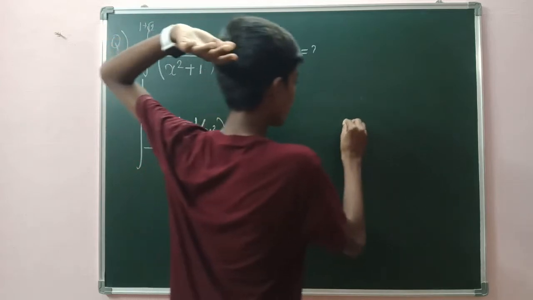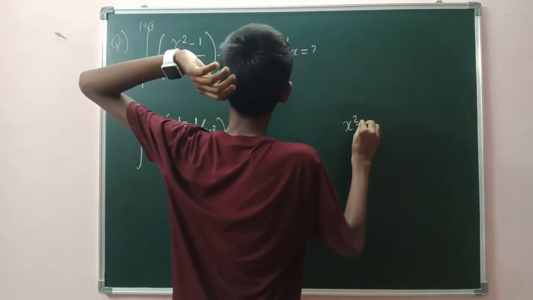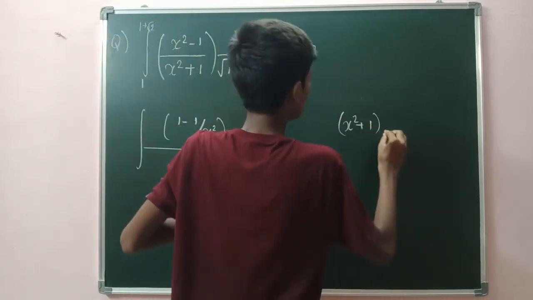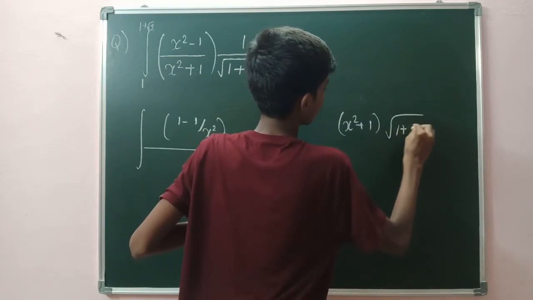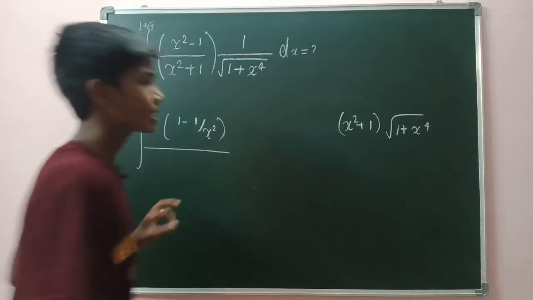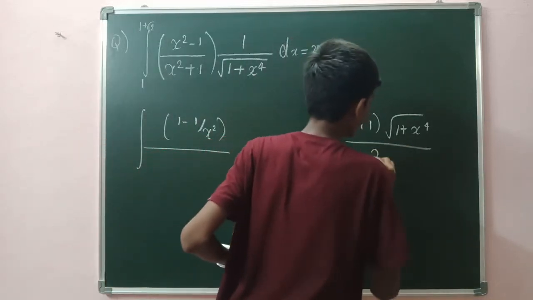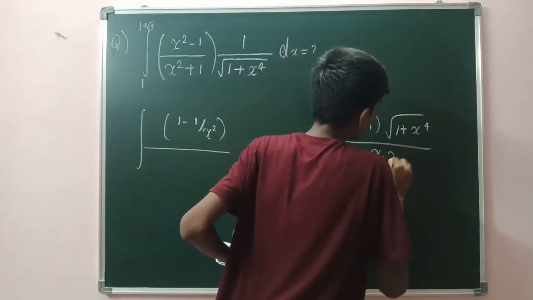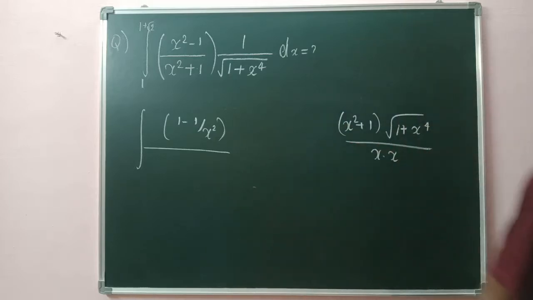I have (x square plus 1) into root of (1 plus x power 4), and I need to divide the denominator by x square, so I split x square as x into x. Can't I write like this? You guys just think of it. I can write like this, and that's such a simple thing.